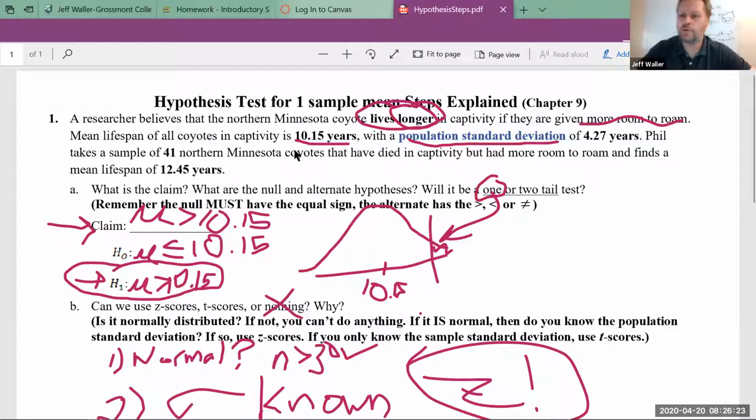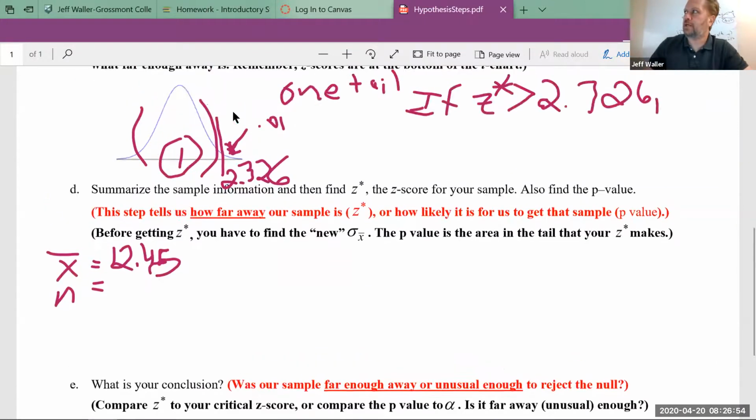Stop. No, that's wrong. If the mean really is 10.15, where could a sample mean be? Almost anywhere. So I take a sample and I take the mean. Is it going to be 10.15? No, it's going to be somewhere, but it's probably going to be close to 10.15. If 10.15 is the right mean for these coyotes, any sample I take should end up close to 10.15. That is what this step is talking about.